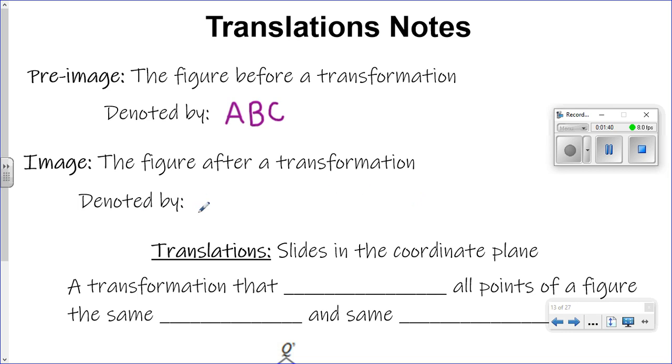And an image is denoted by the same letters, but they have what's called the prime symbol. So it'll look like A prime, B prime, C prime. So the way you know which one was the original or the pre-image versus what is the image, or what came after we did something, is the difference between the primes.